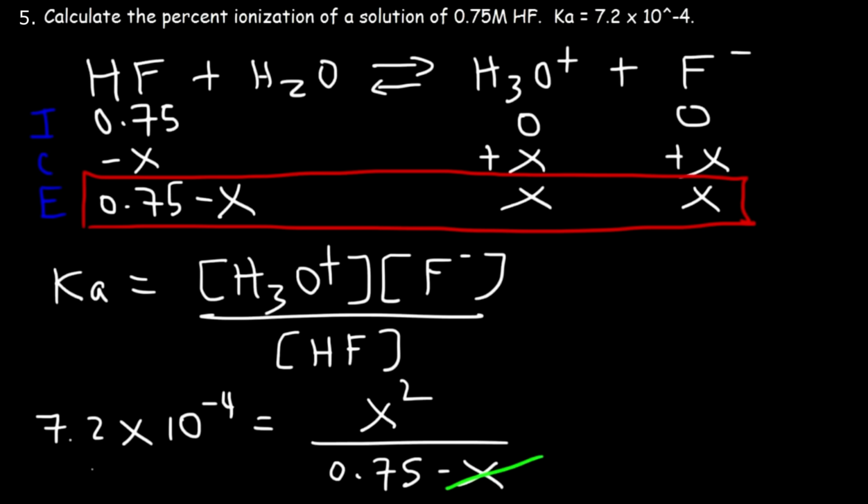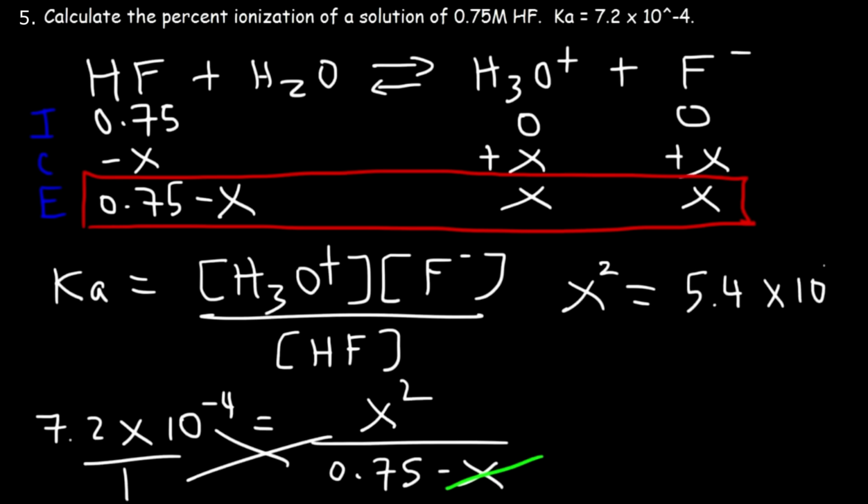So what we can do at this point is cross multiply. 1 times X squared is X squared, and 0.75 times Ka, that's equal to 5.4 times 10 to the minus 4. Now let's take the square root of both sides.